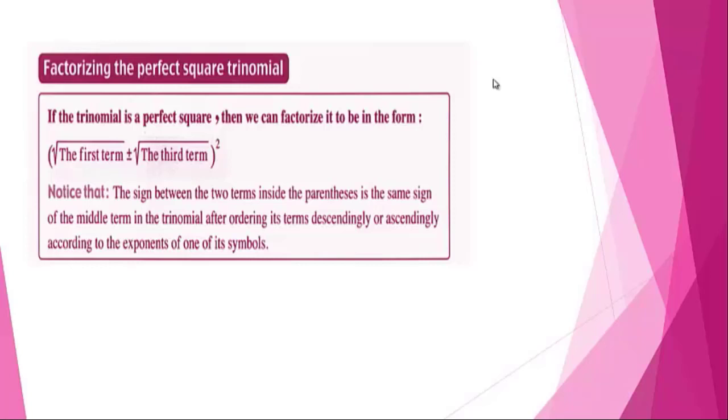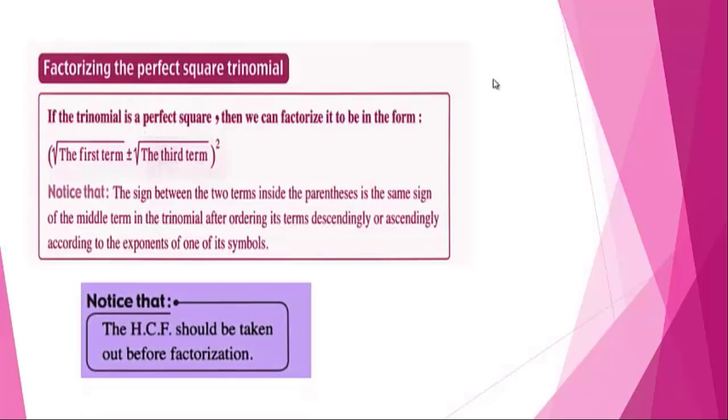We open a bracket with the root of the first term, positive or negative according to the sign of the middle term, then the root of the third term, all to the power 2.